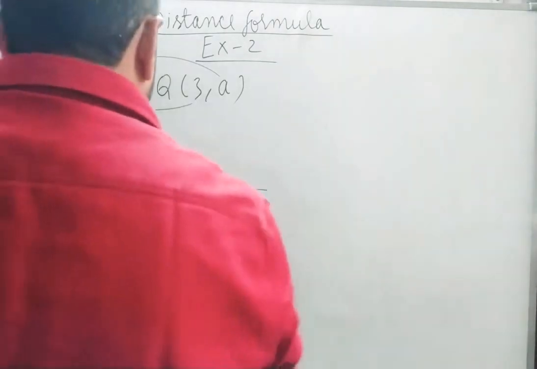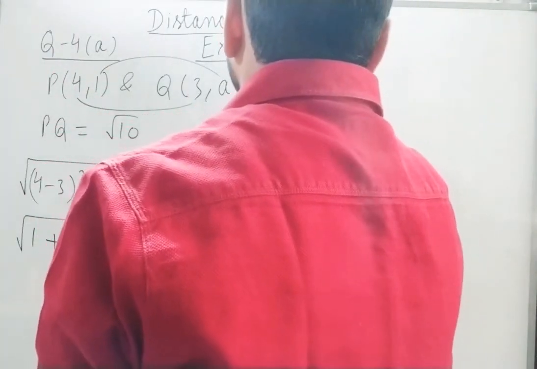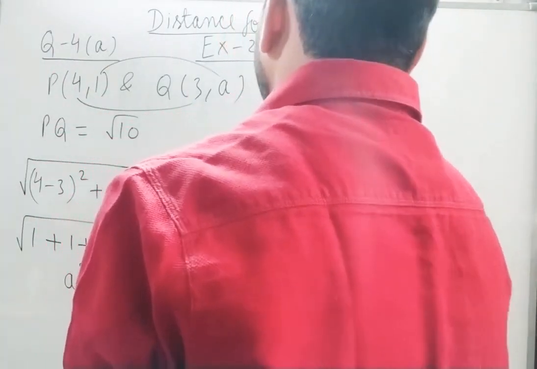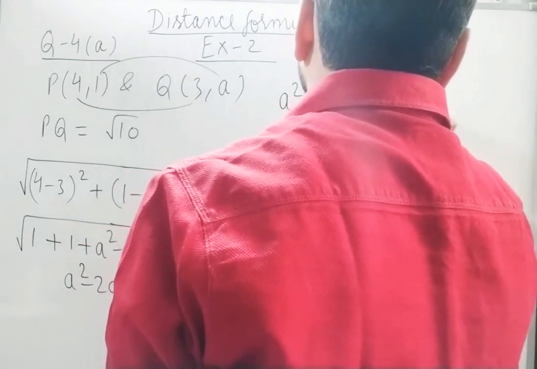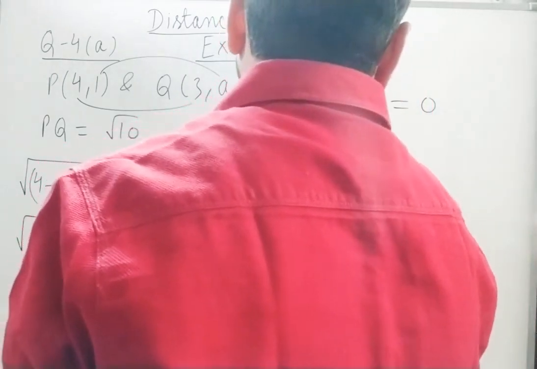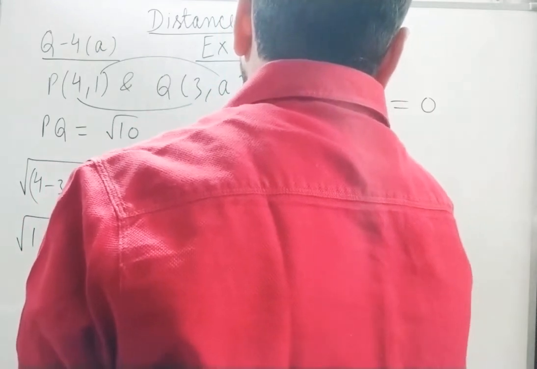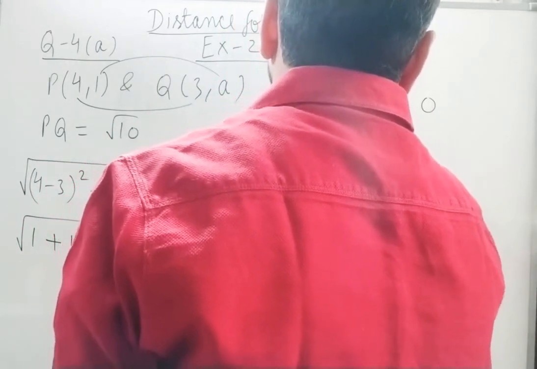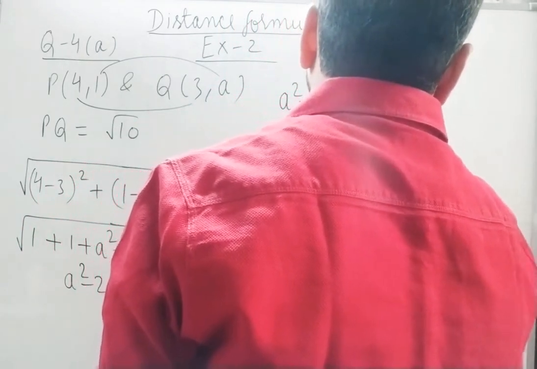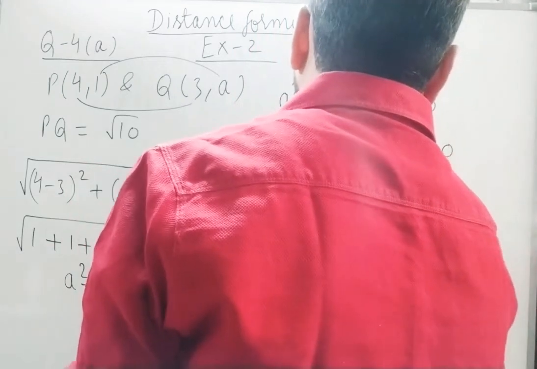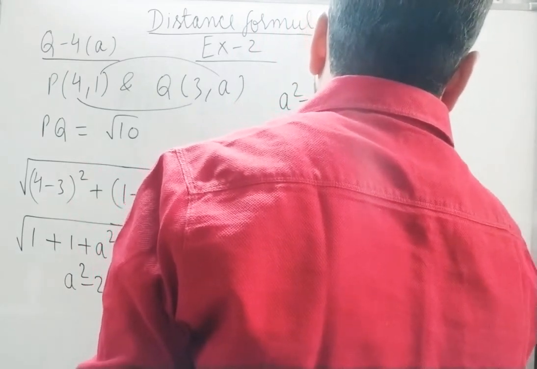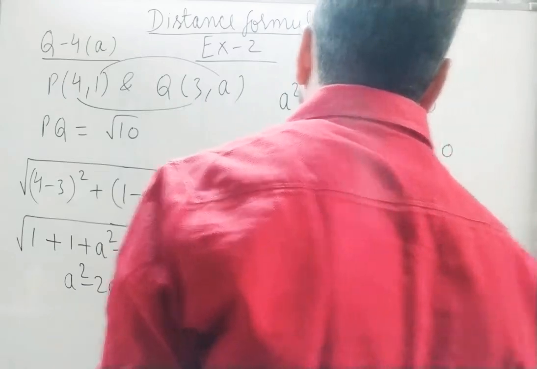Correct? Then this will become A square minus 2A minus 8 is equal to 0. This will give (A minus 4)(A plus 2) is equal to 0. Therefore, A is equal to 4 or A is equal to minus 2.